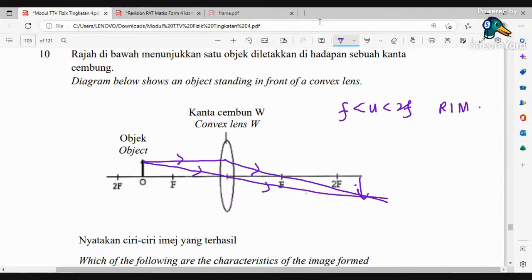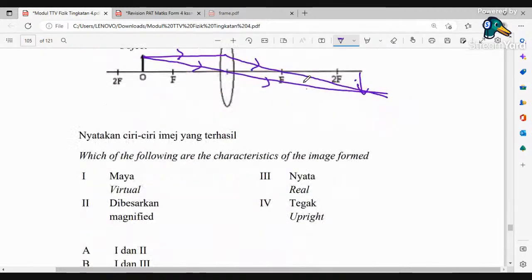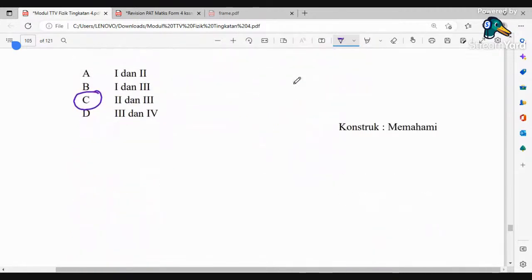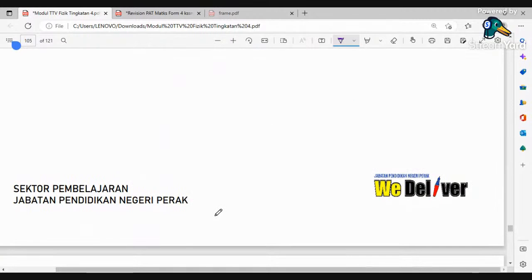Okay, so real inverted, should be inverted magnified. Yes, correct. Sama. Real, yes. Inverted sama. Maksudnya 2 dan 3. Okay, so 10 ialah C. Any question? Ada soalan?